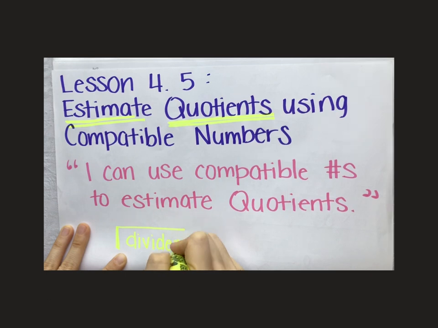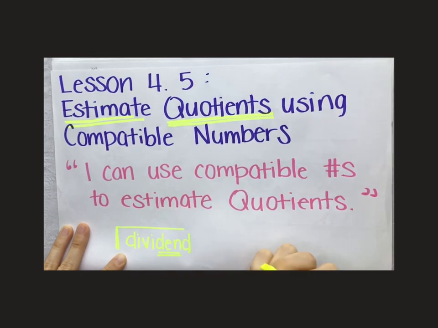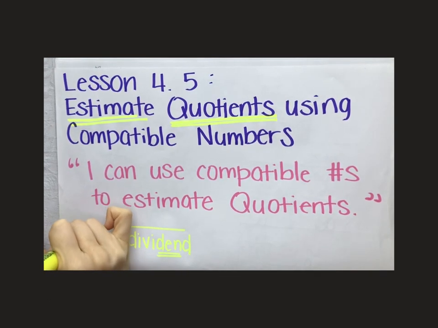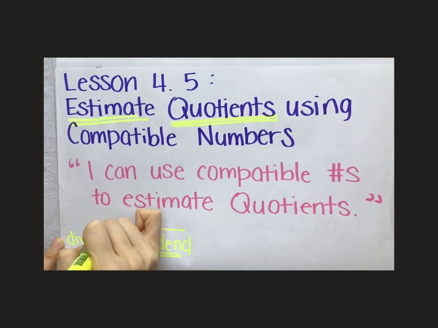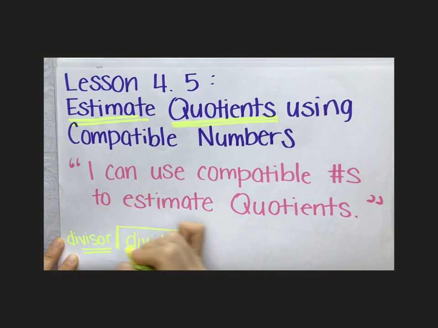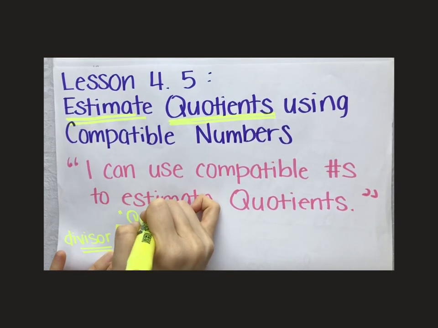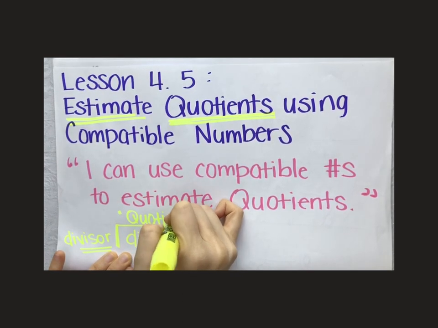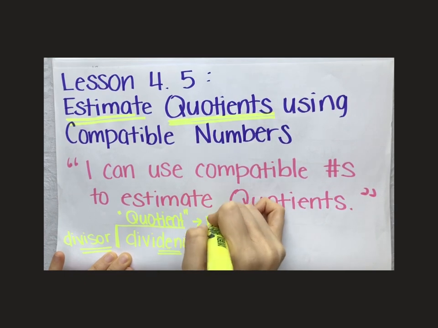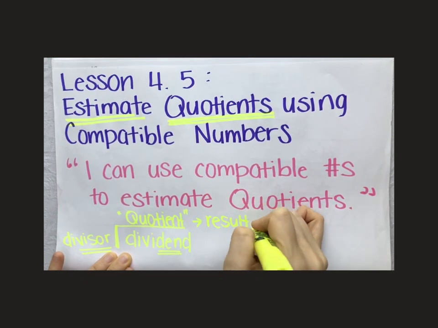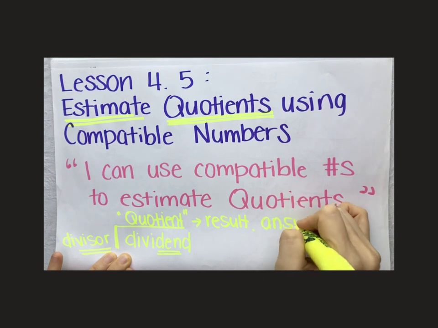And remember the word den that we used. This is the divisor. And remember the word visor. And the result is the quotient. The result is simply the answer.